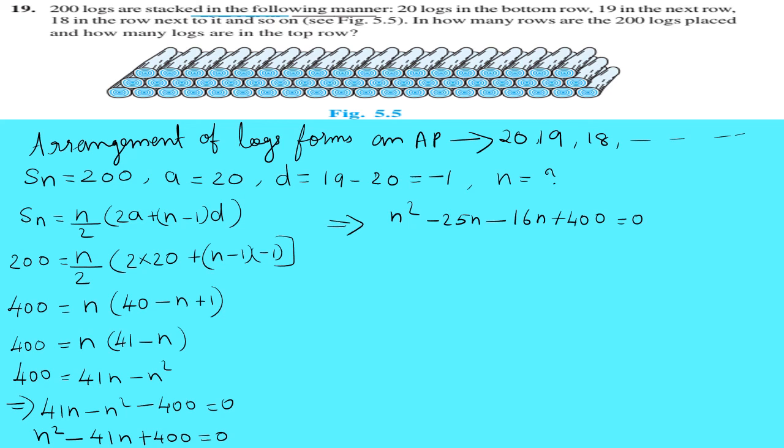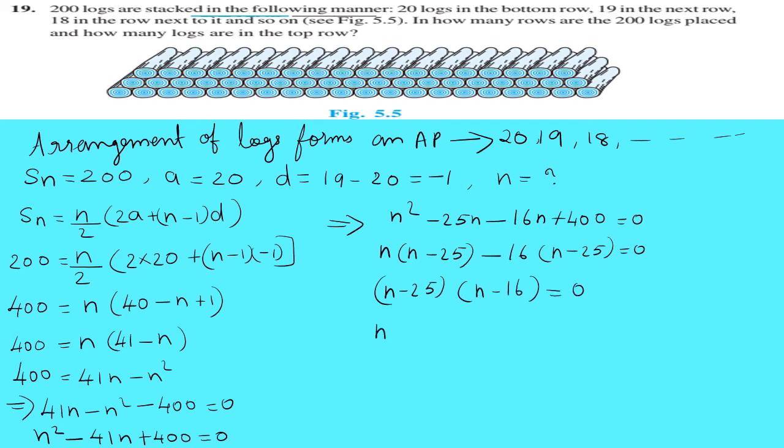From the first two terms, you can take n as a common factor, that is n(n minus 25) minus 16(n minus 25) equal to 0. Now we will have (n minus 25) as a common factor, multiplied by (n minus 16) equal to 0.